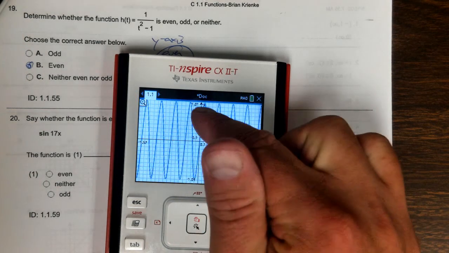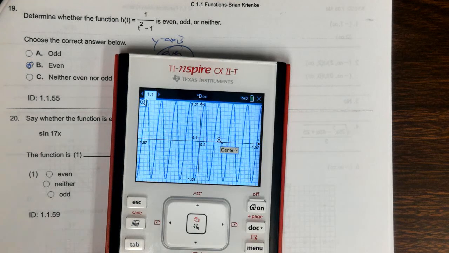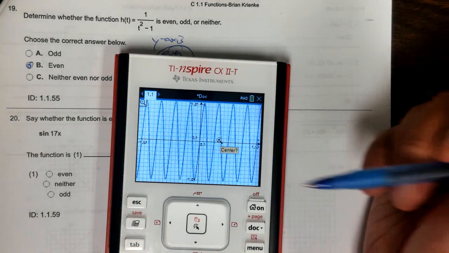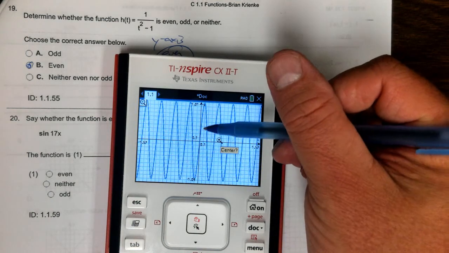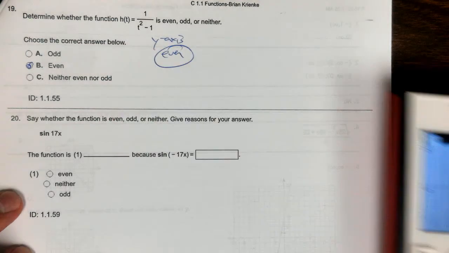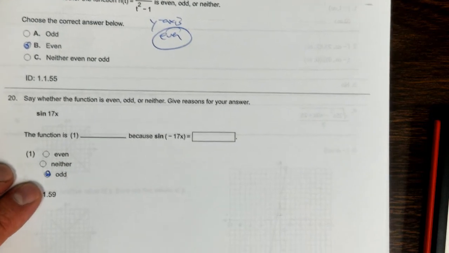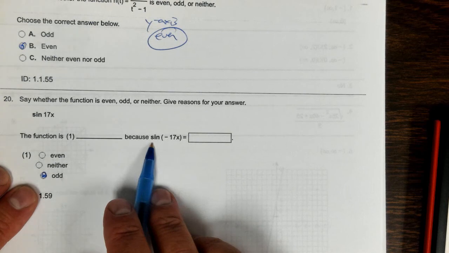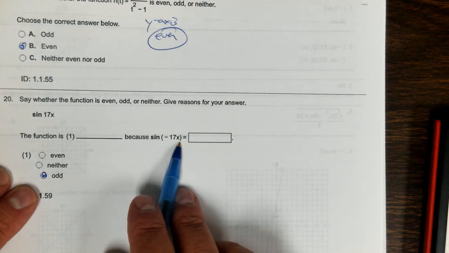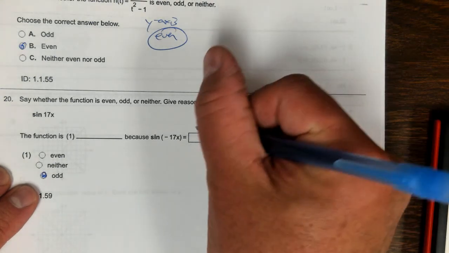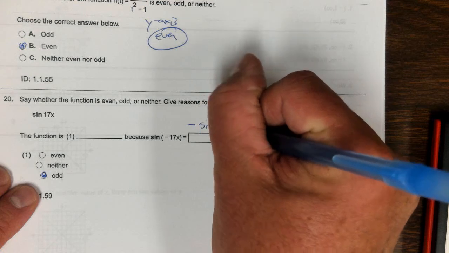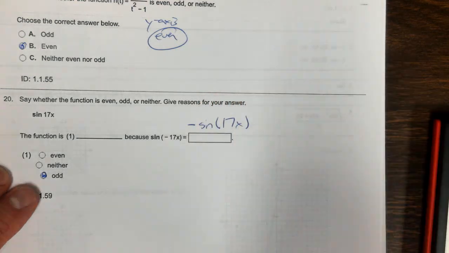So that's odd because it's not even, because it's in diagonal quadrants. So it's odd. And then if you go by the definition, that means that sine of negative 17x is the same as negative sine 17x.